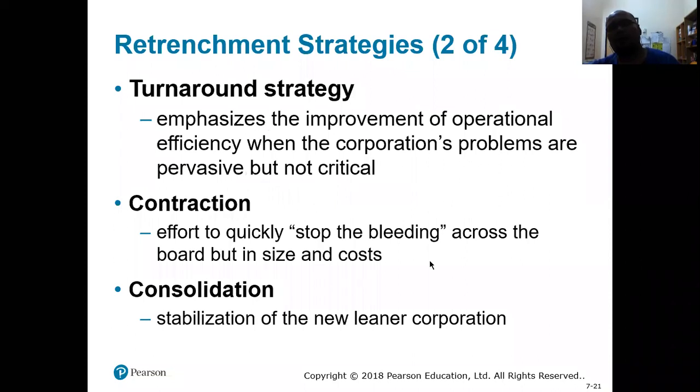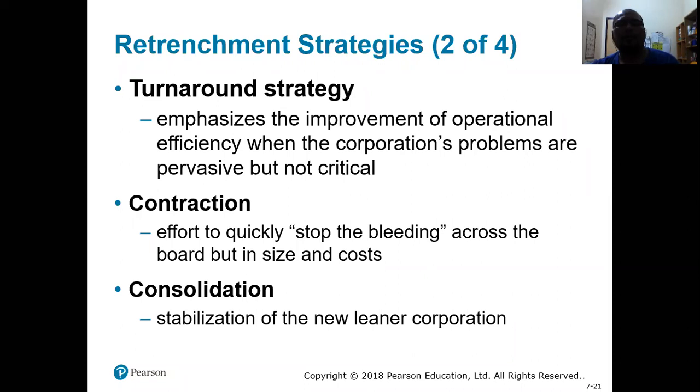These are some of the strategies that a firm can choose. Number one, they can choose to do one final attempt to revive the company. This is called turnaround strategy. They will try to turn around the fortune of their product or their company for one last round.